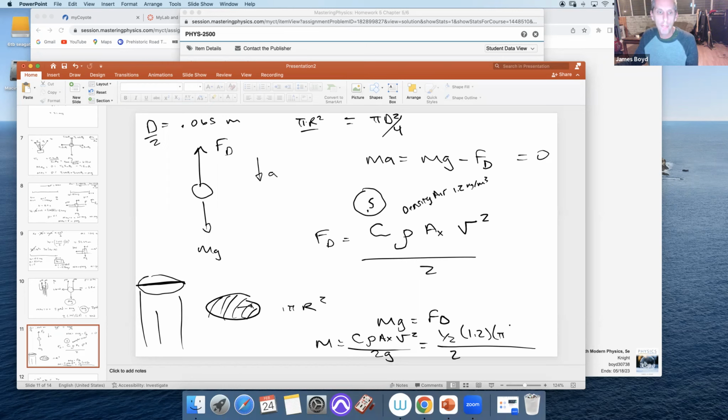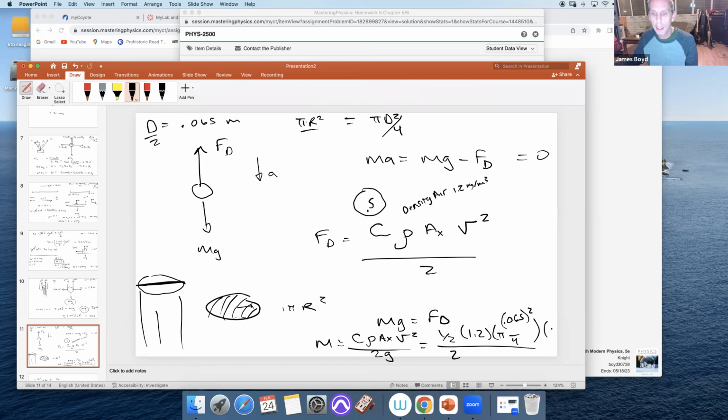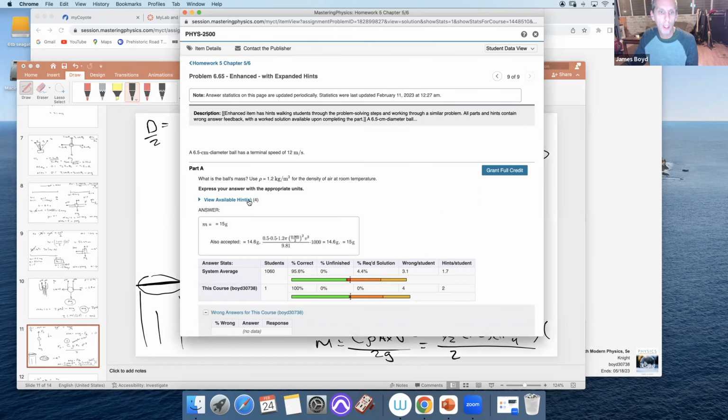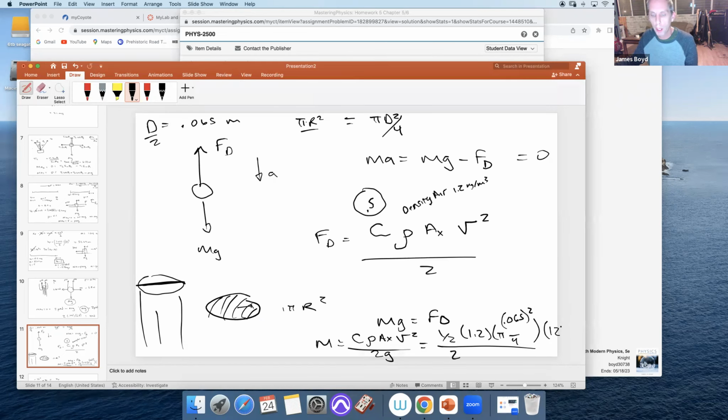So this is pi times d divided by 4 squared, and d is 0.065 squared. And then v, we're told, was 12 meters per second, and that becomes squared, and then 9.8. So we have 0.5 times 1.2 times pi divided by 4 times 0.065 times 0.065 times 12 times 12.